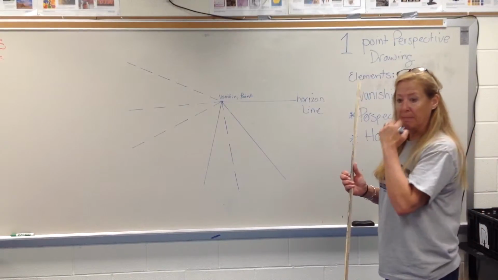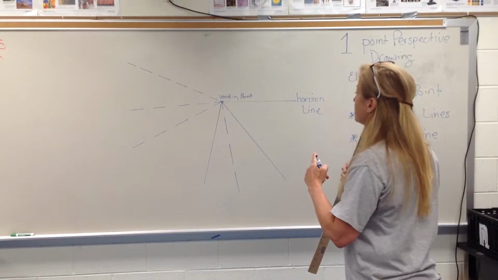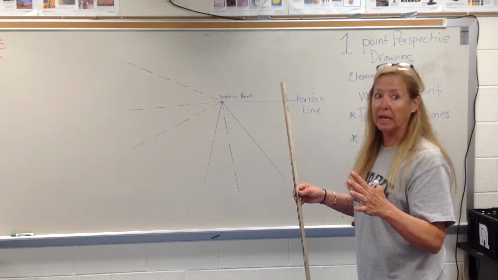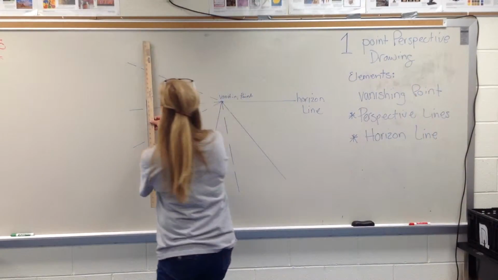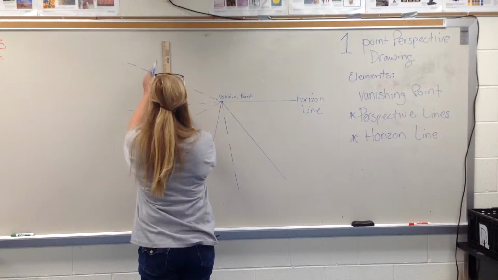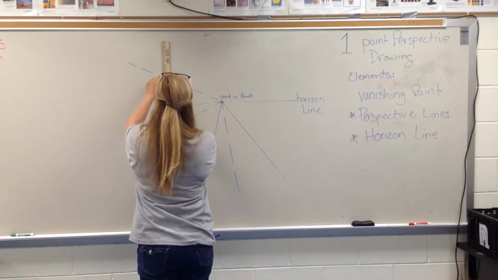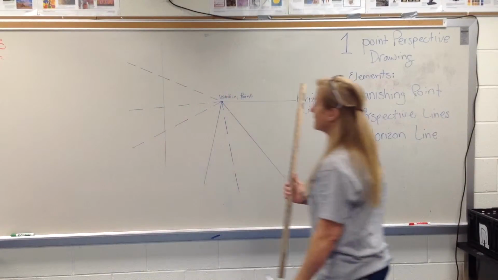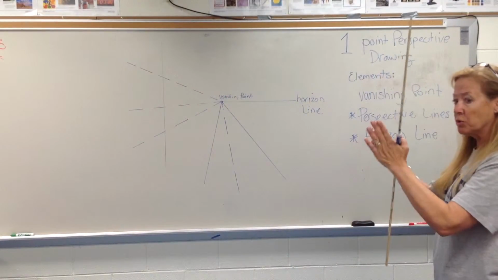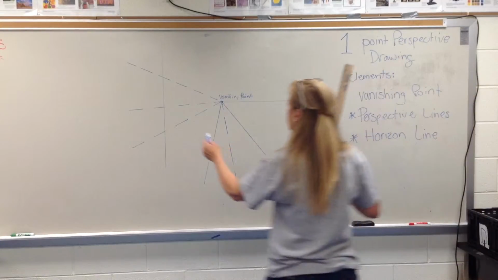Okay, yes. So next we're going to do some trees. And this is where it gets kind of tricky because you don't want your trees to be falling over. So I suggest you drop a perpendicular line, perpendicular to your horizon line. Just like that. And now we're going to build our tree around that perpendicular line.